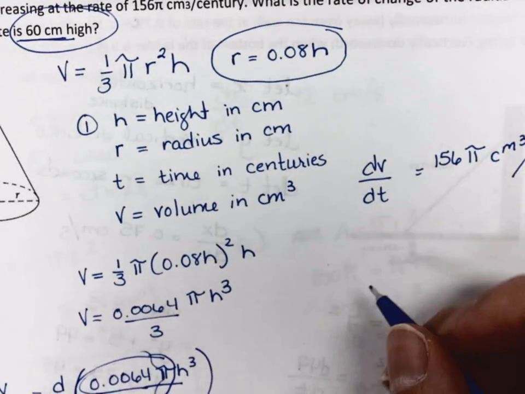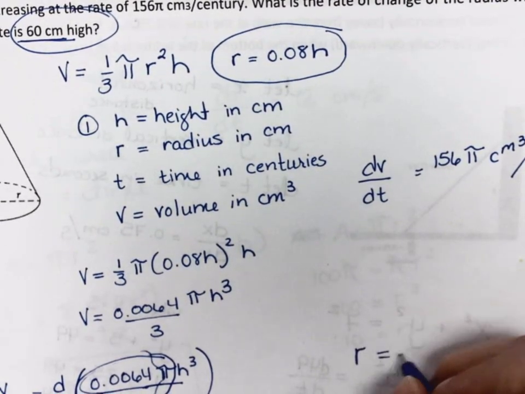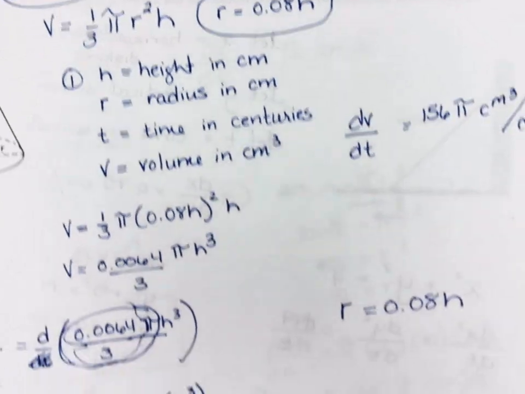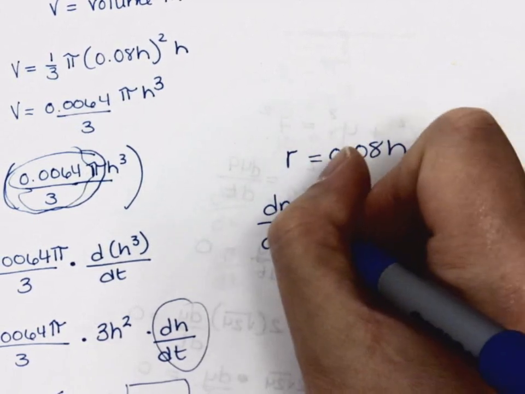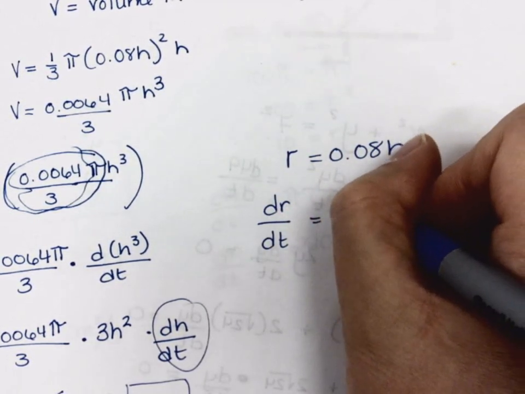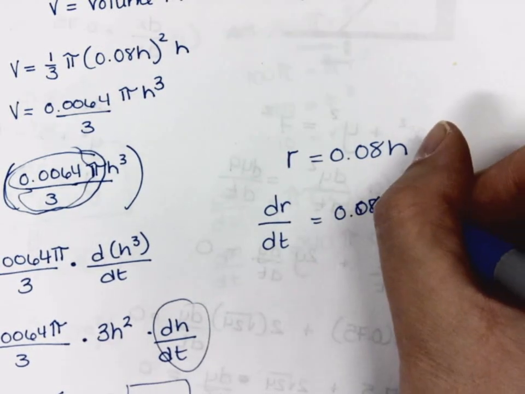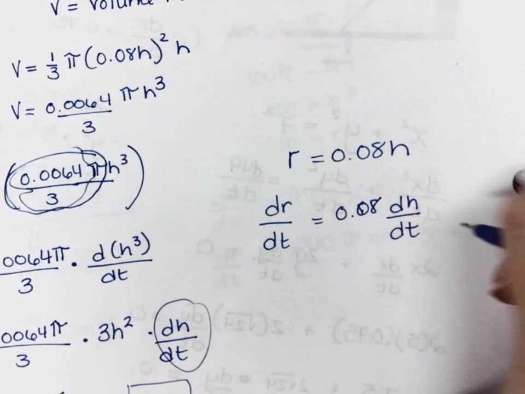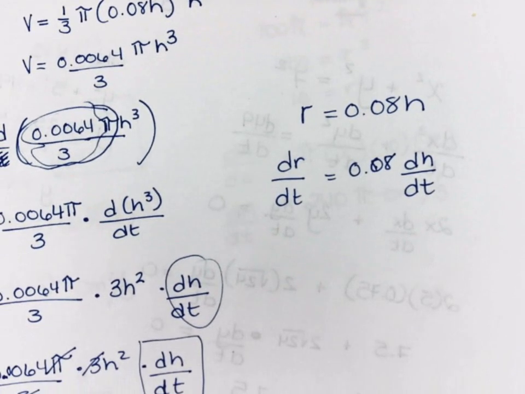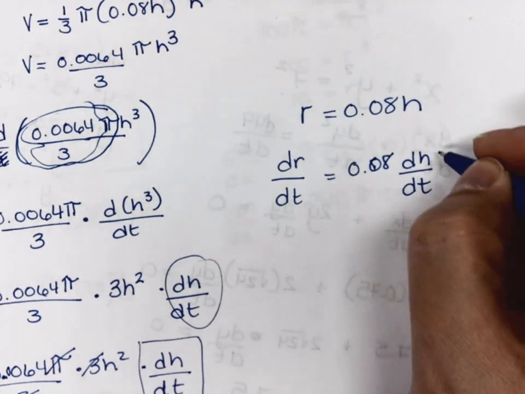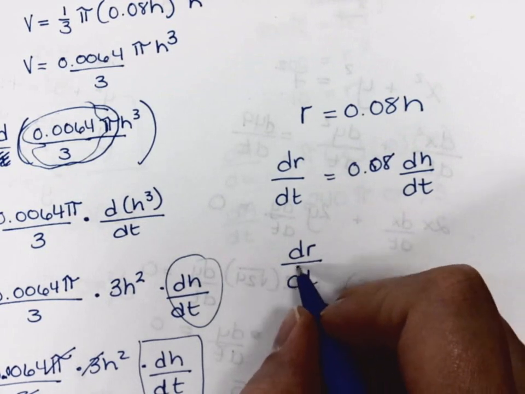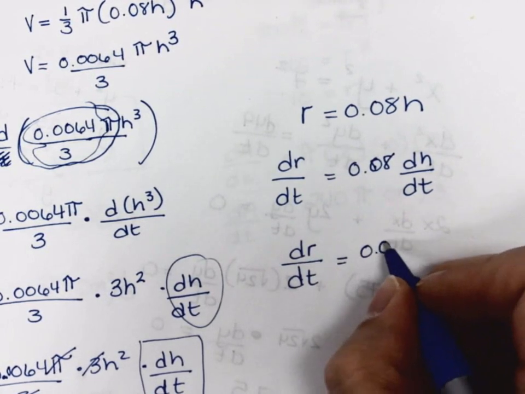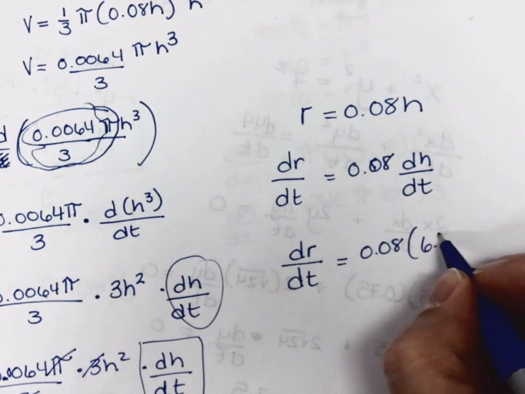If we have that equation, r equals 0.08h, and we differentiate both sides of that, dr over dt equals 0.08 times dh over dt. We know what this is because we just found it. So dr over dt is 0.08 times 6.77.